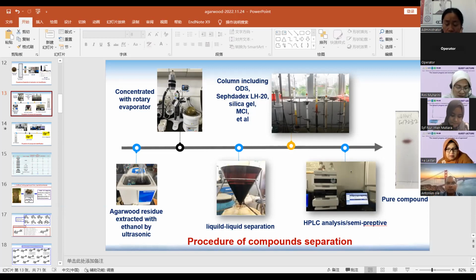For ODS, we usually use methanol and water. After this, the chromones always go to HPLC. For HPLC, we have several columns, carbon 8, carbon 18, and also the pi column, and another one that is not a carbon column.